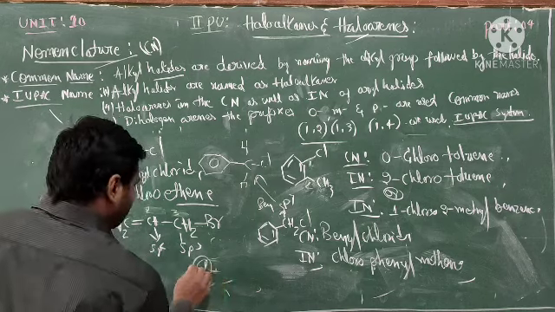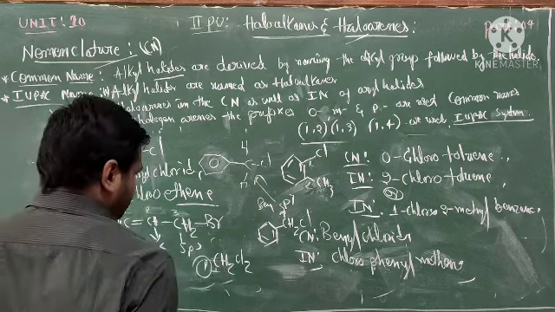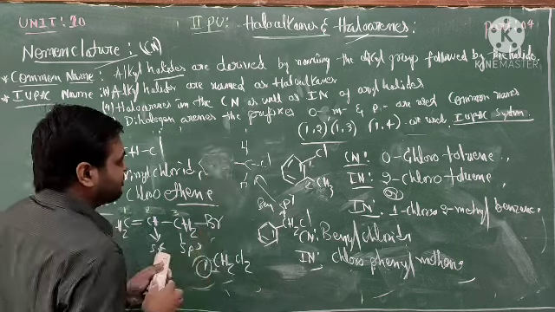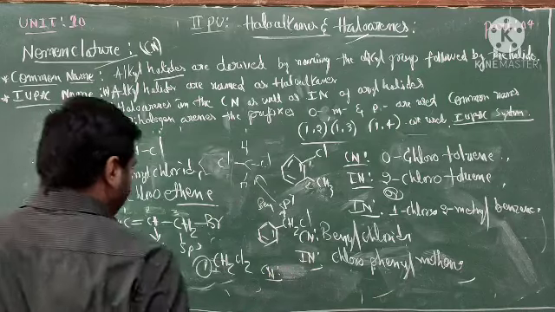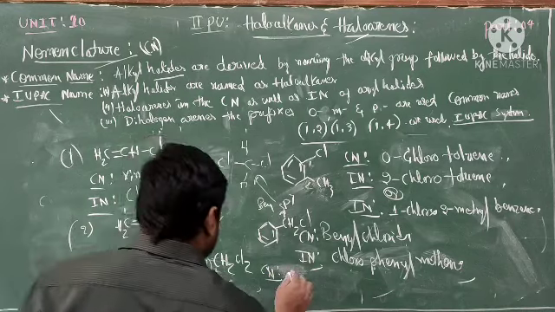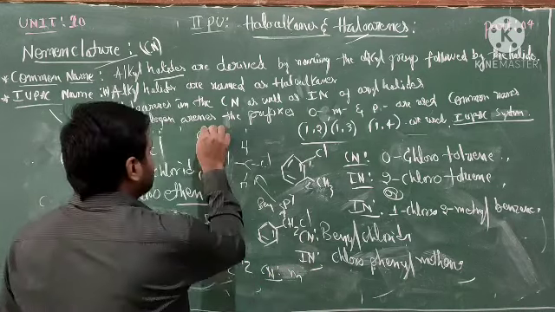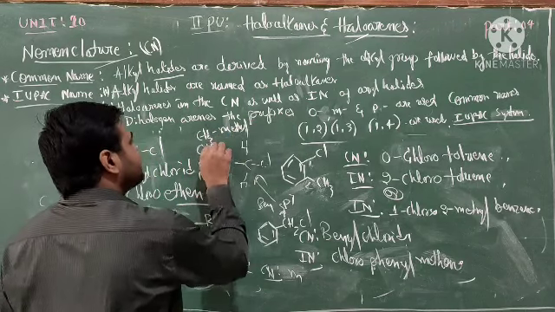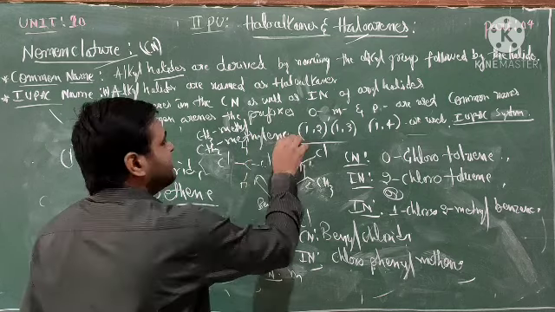Okay, one more example. CH2Cl2. This is also the same. CH2 with two Cl. What about the common name? CH3 is called methyl, CH2 is methylene.